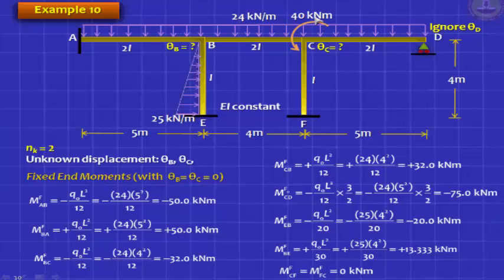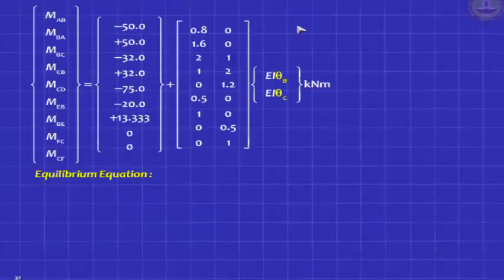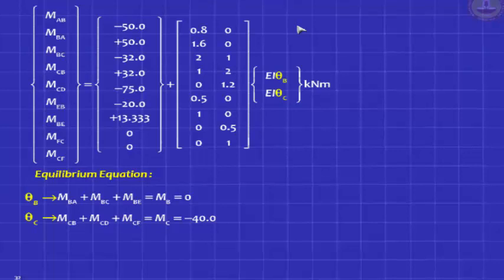So when you write the equilibrium equation at C, you must include this minus 40. How do we do that? Write the equilibrium equation. For theta B, add up all the moments collecting at B, put it equal to 0: MBA, MBC, MBE, there are 3 members. And for C, MCB, MCD, MCF, you should put equal to minus 40.